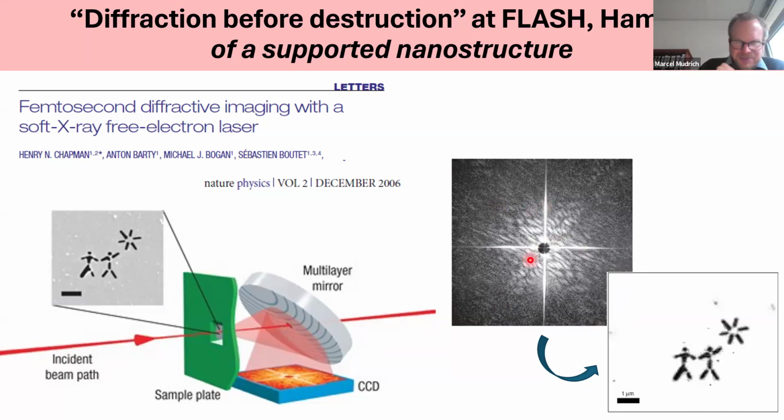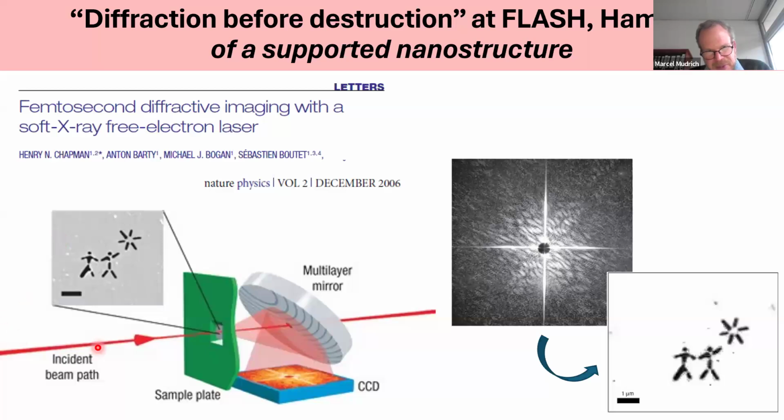And then from this, they were able to reconstruct, by a phase retrieval algorithm, the real space distribution like this, which matches quite well the actual, I think this is probably an electron micrograph from an electron microscope.